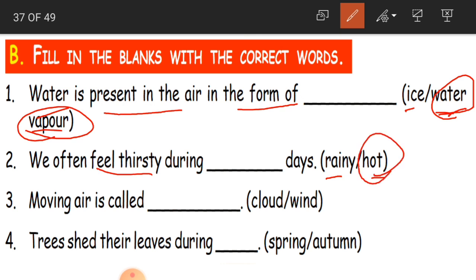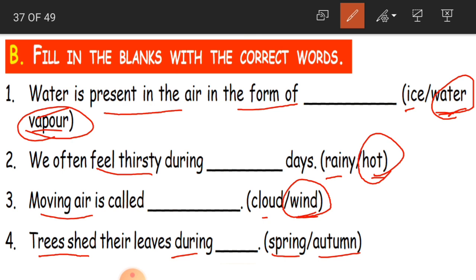Okay, children. Now the third one is, moving air is called dash, either cloud or wind. The answer is wind. Now the fourth one, trees shed their leaves during dash, whether in spring or autumn.